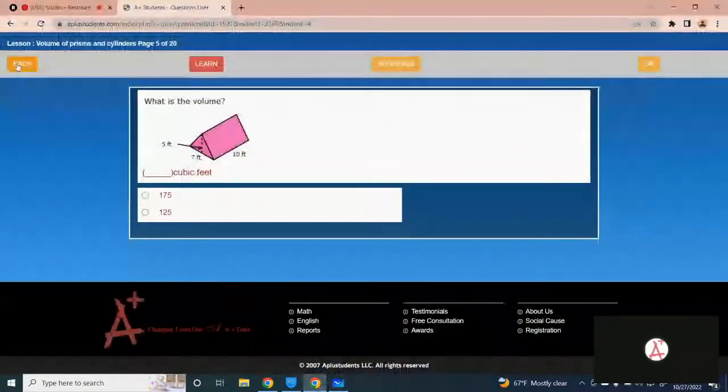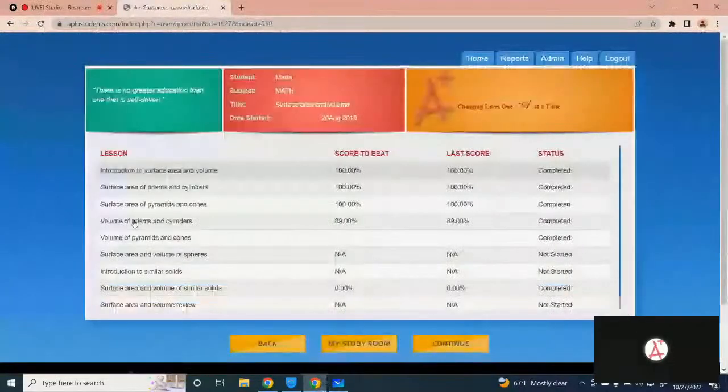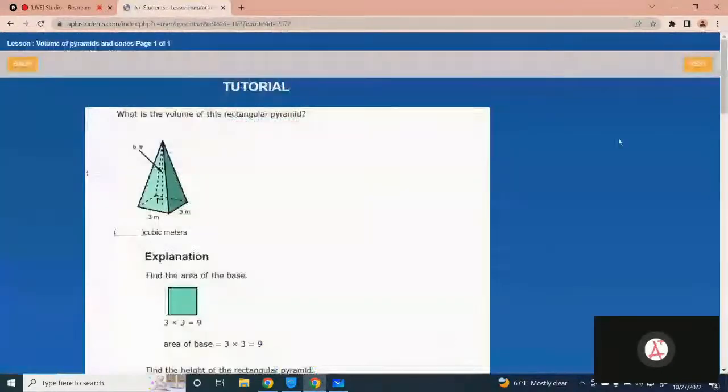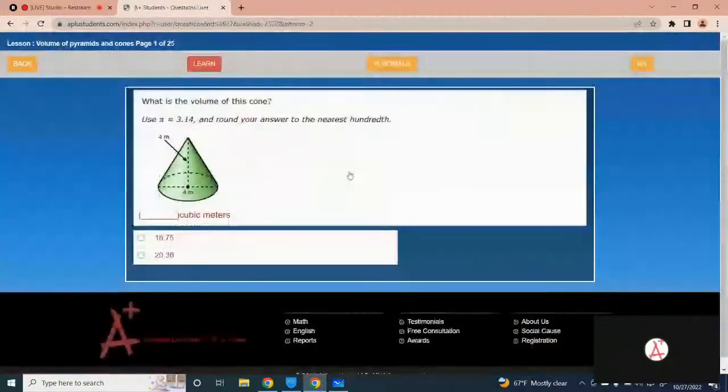Okay, the next topic is we are working on volumes of pyramids and cones. What is the volume of the cone?